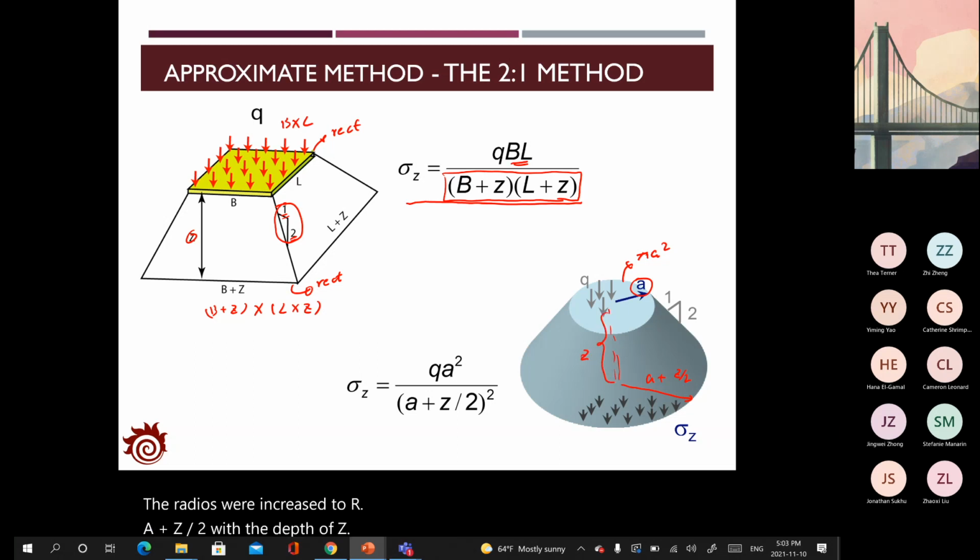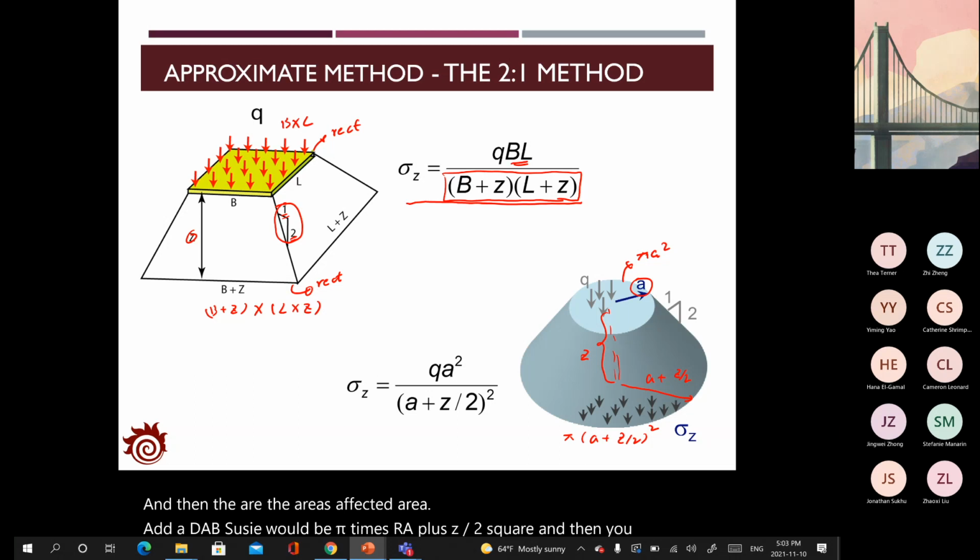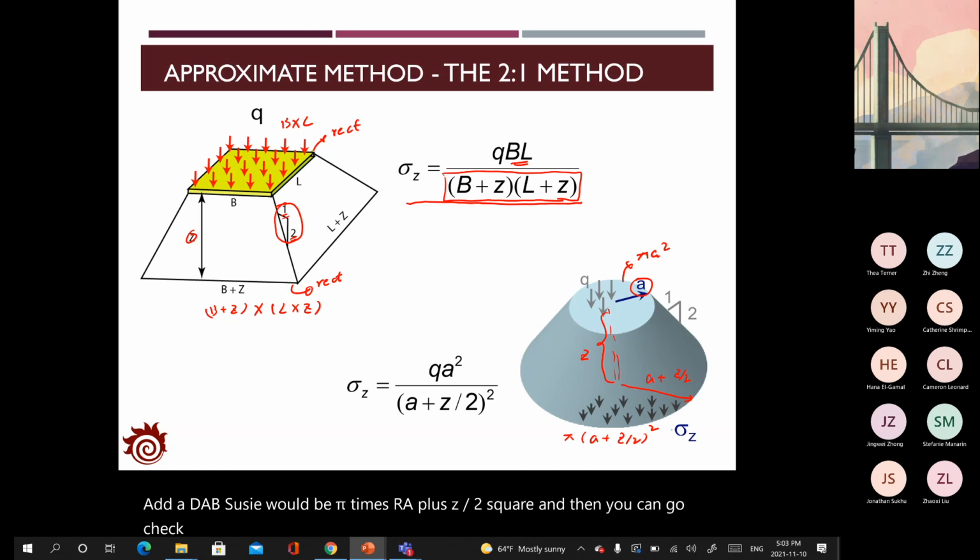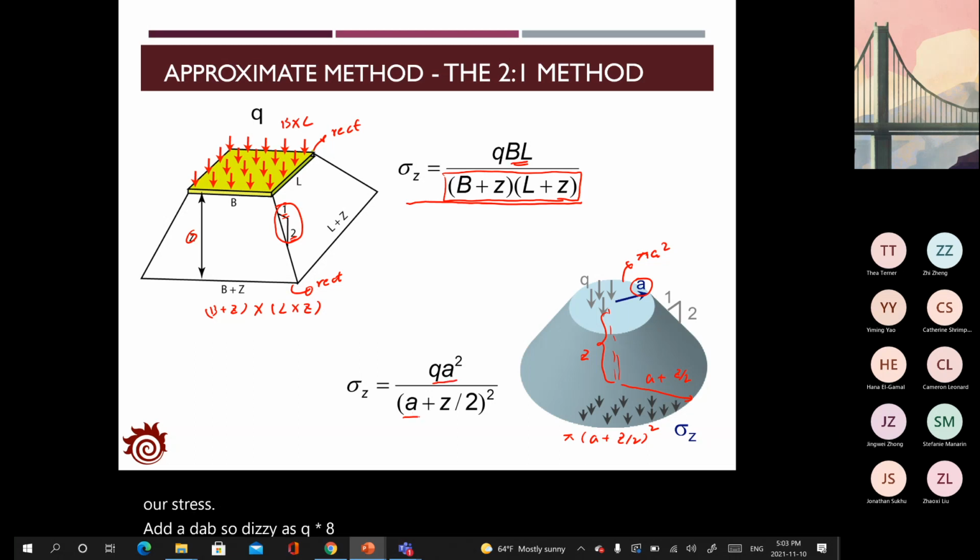Then the affected area at the depth of z would be pi times (a plus z divided by 2) squared. And then you can check the stress at the depth of z as q times a squared divided by (a plus z divided by 2) squared.